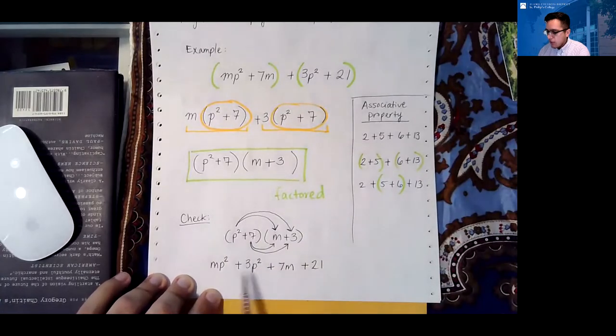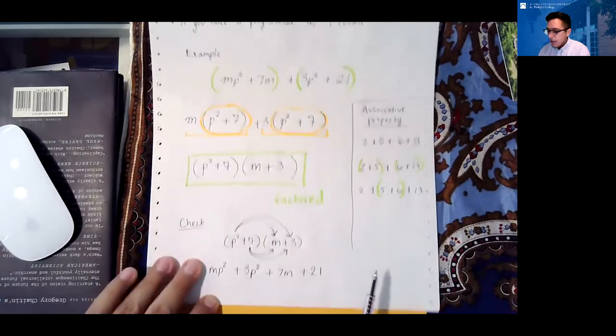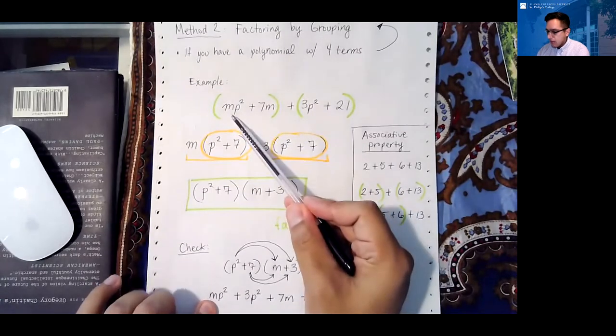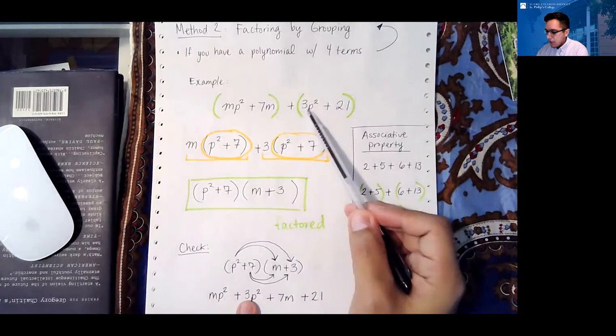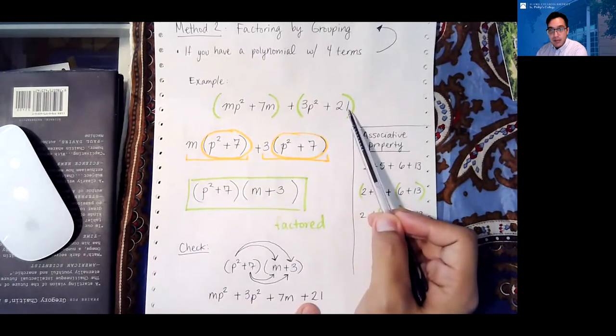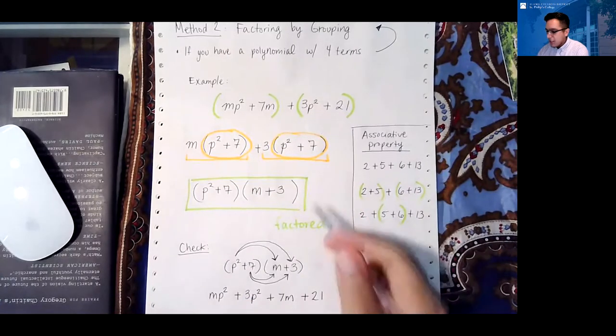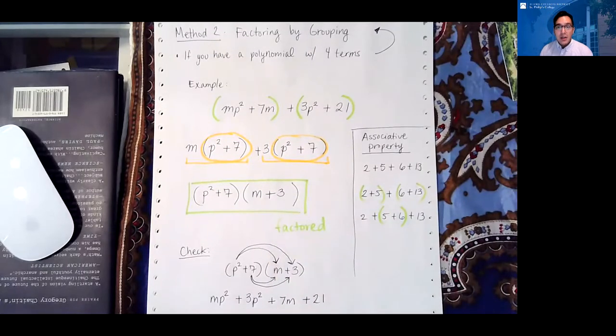So if I look at these 4 terms, are these the 4 terms that I started out with? Yeah. Well, I have my mp squared, I got my 7m, I got my 3p squared, and I got my 21. So this factored form checks out. We did it correctly.